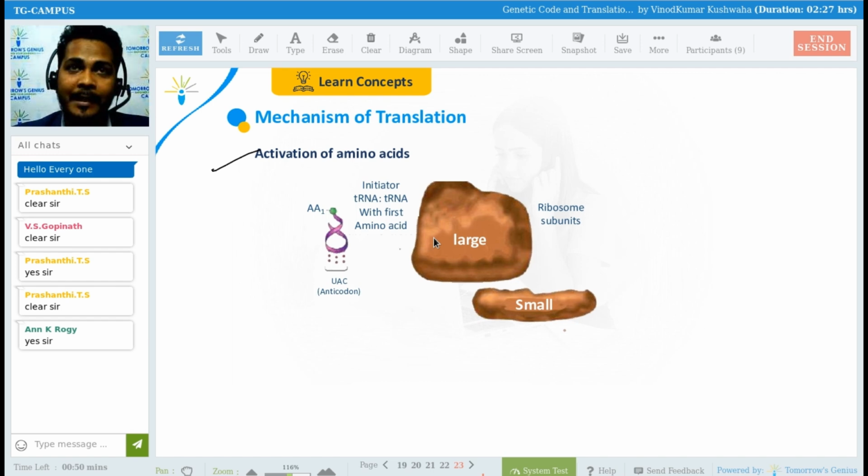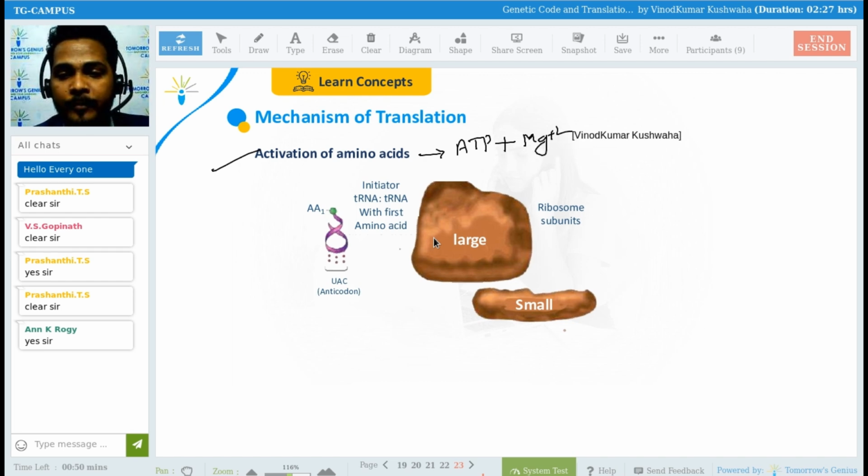In the presence of ATP, you know ATP, and magnesium ion, an amino acid combines with its specific aminoacyl tRNA synthetase to form the aminoacyl adenylate enzyme complex. So this is the activation of the amino acid.